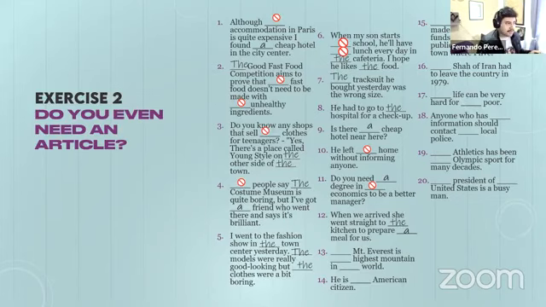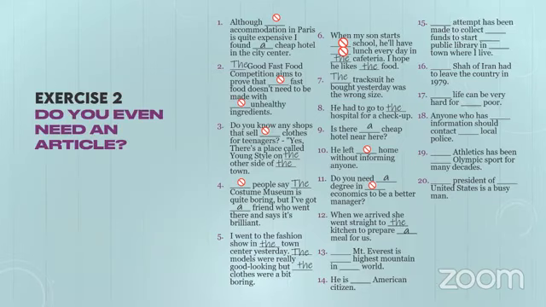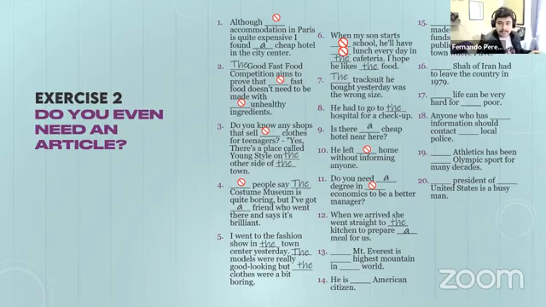Who's number 13? Me. Let's go. I don't know what "empty" is. Or how do you say?